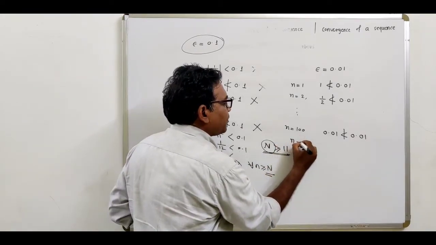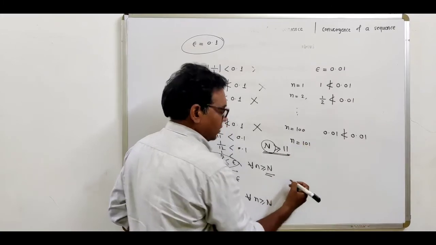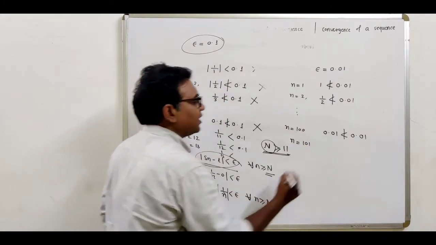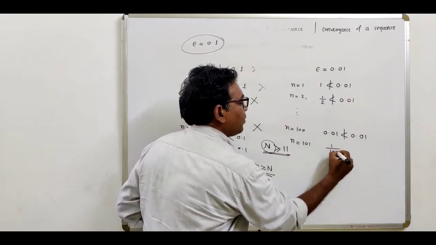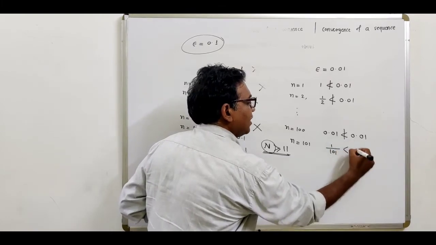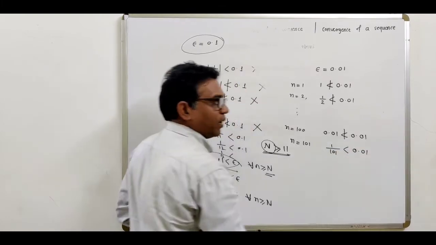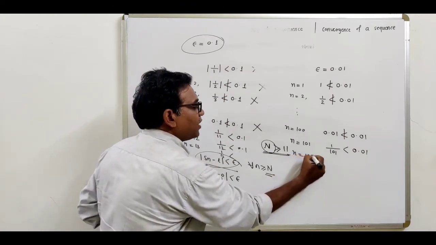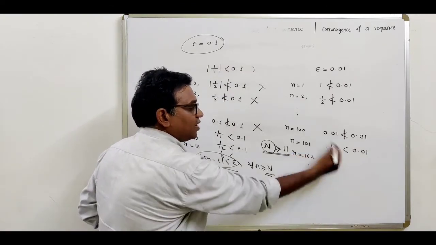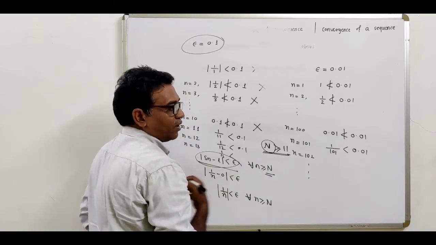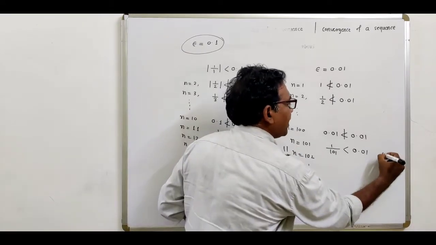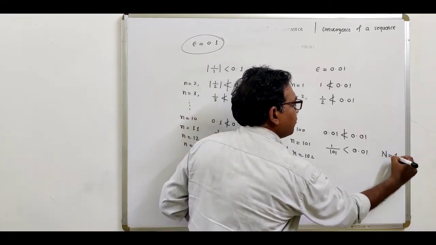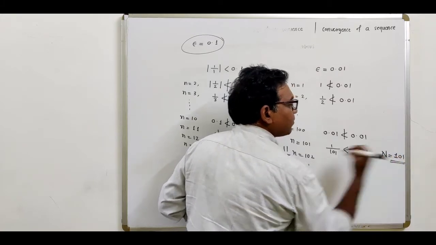Now if we take n equal to 101, what is the value of the left hand side? 1 upon 101, obviously it is less than 0.01. If we take n equal to 102 and so on, this condition is satisfied. So what is the value of this capital N? Capital N will be 101.